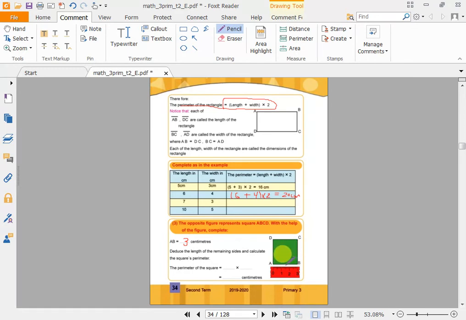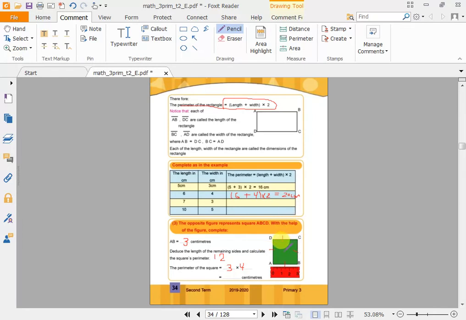So if we want to get the perimeter of this square, we can say that AB plus BC plus CD plus AD, the sum of them is 12. Generally, we can say that the perimeter of a square is 3 times 4. Why 4?